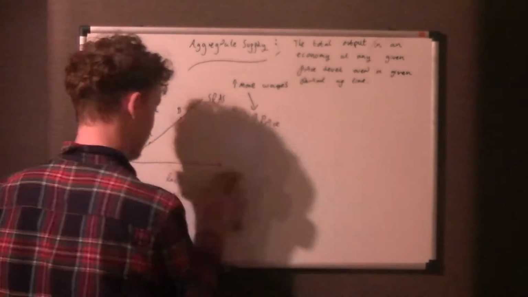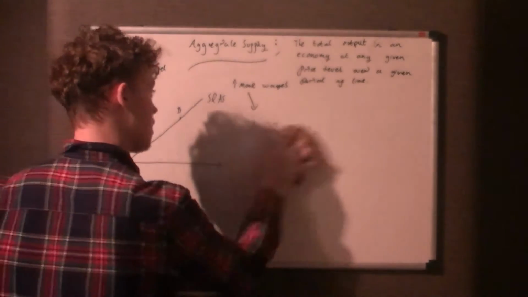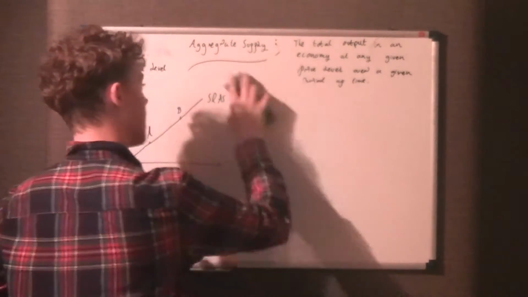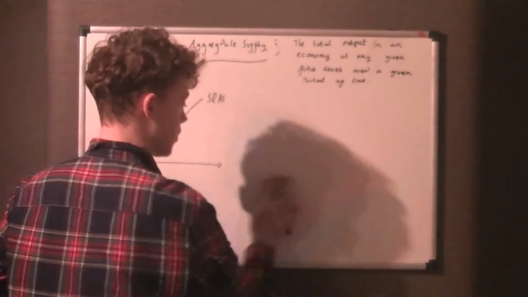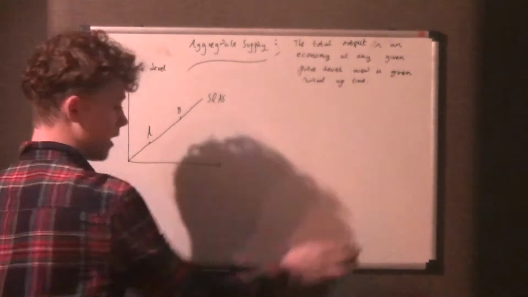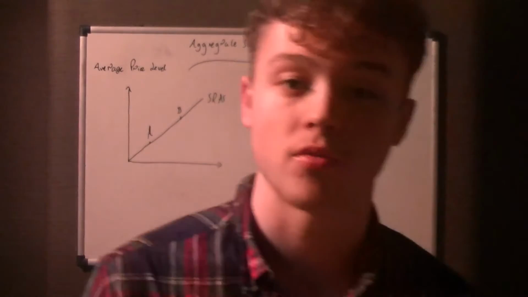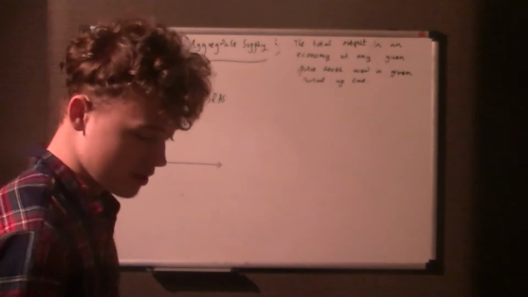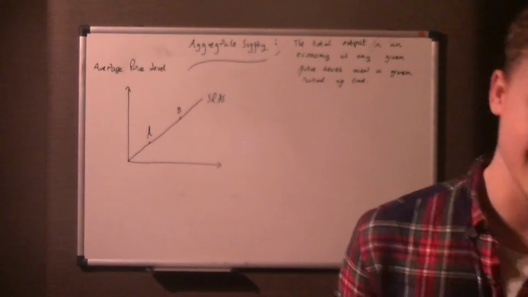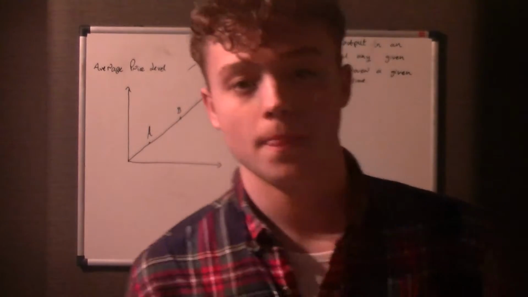Now that is the short run aggregate supply curve. However, just like the supply curve, you've got a few things you need to know, like, for example, the determinants. So what are the factors? Obviously we know it's the same rule.